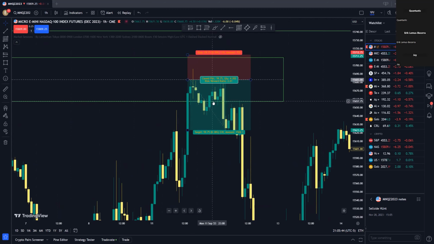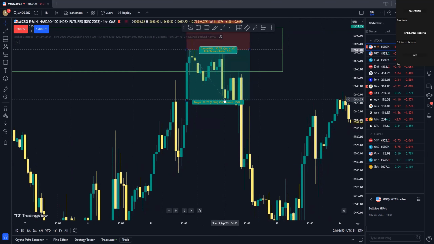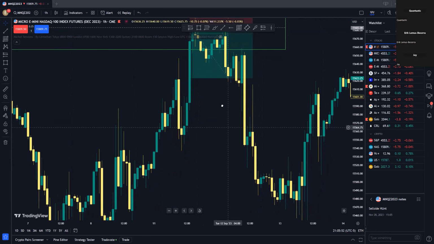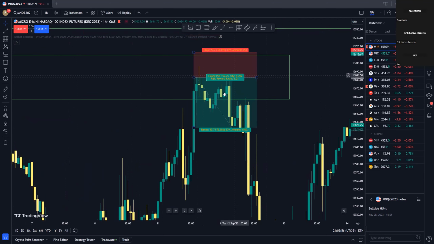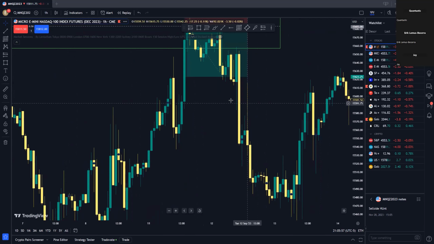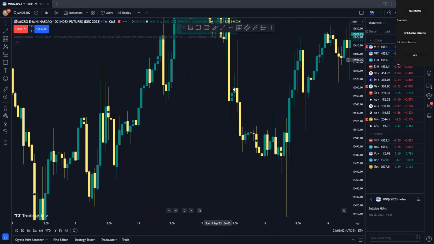I trim 1 at 50, another 2 at 100, then another set at 150, and then 250, and I just let my runners run. So when I was in with 6 micros, I was able to cash out $600 to $700 at a time due to these drops.